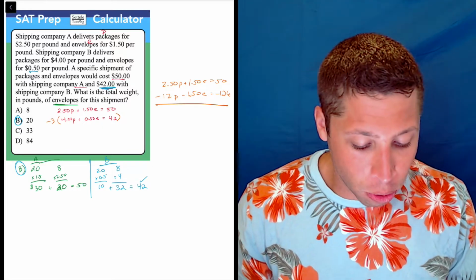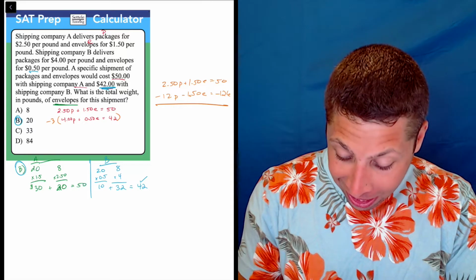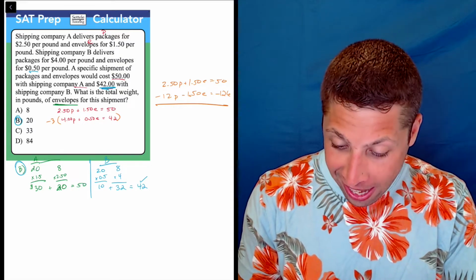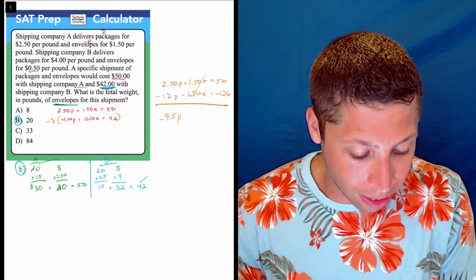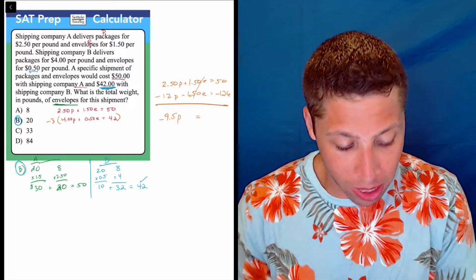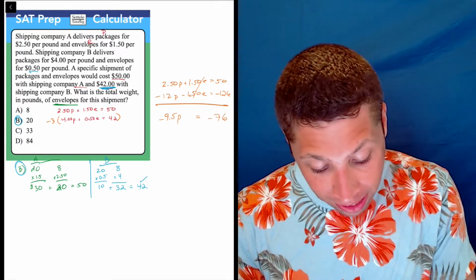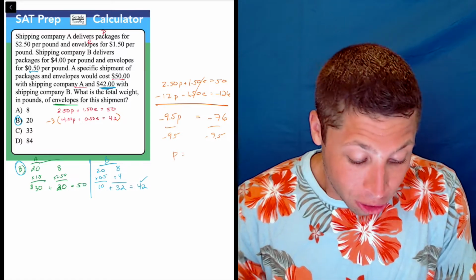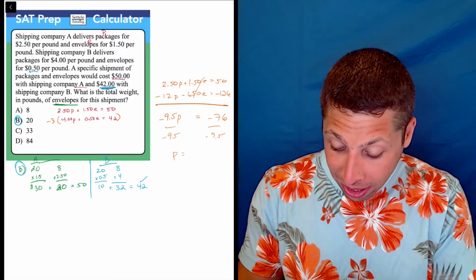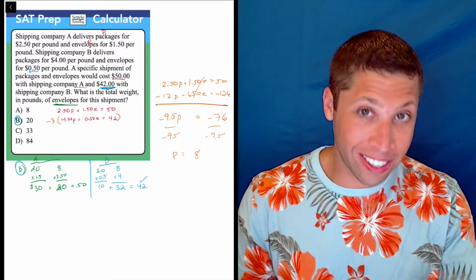Now I add these two equations together. -12 plus 250 is going to be -9.5p. The e's will cancel. That was the whole point of multiplying by -3. And 50 minus 126 is -76, which then we have to divide by -9.5 to finally see what the value of p is. And it's 8, which is good because that's what we got before.